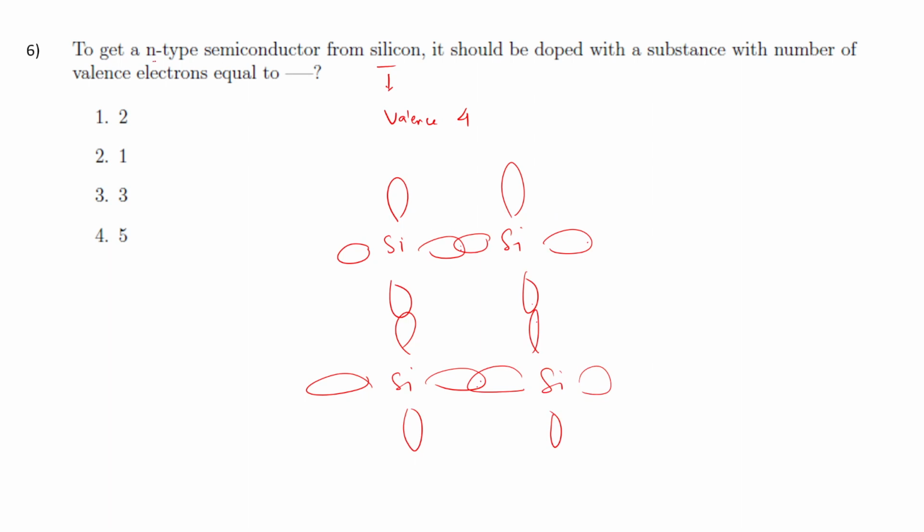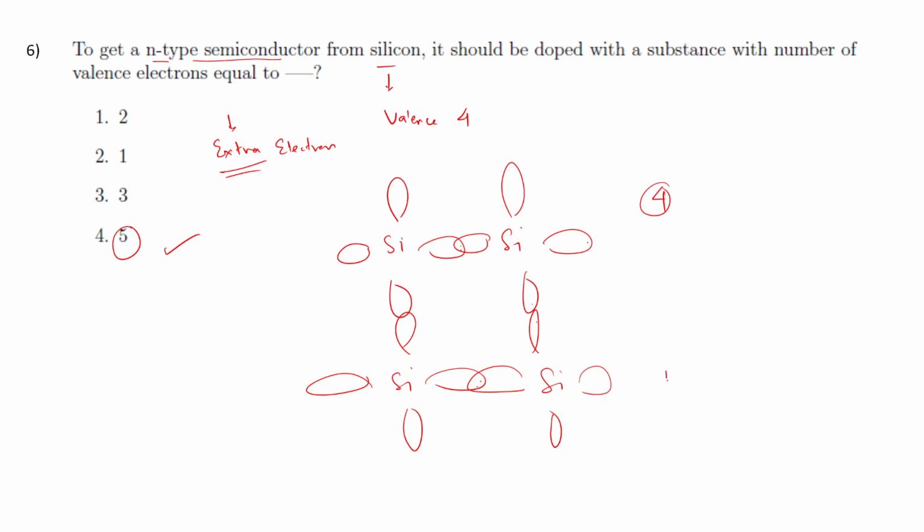If you want an n-type semiconductor, you need an extra electron. If you dope with something of, let's say, valency 5, so you need to bond it with something which has a valency greater than 4, which is 5. That is how you will have this extra electron.